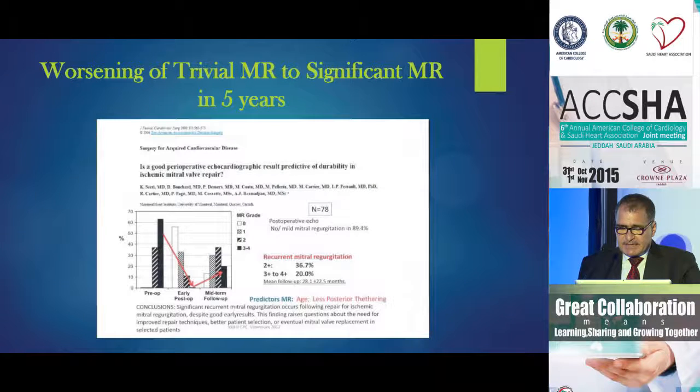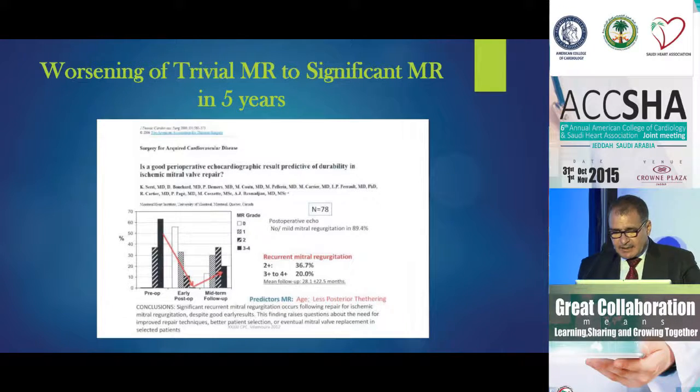And this is a study which was done on ischemic mitral regurgitation, and it tells you how the MR can go from very trivial at the time of discharge from the hospital to severe within 5 years.